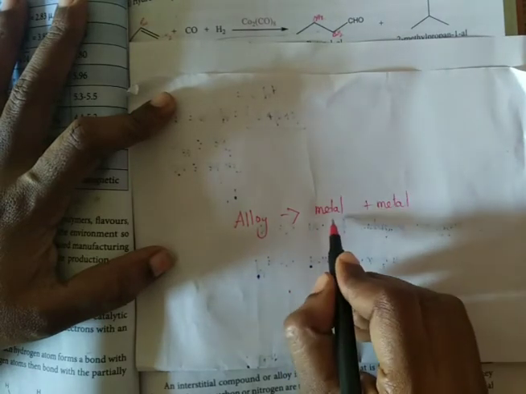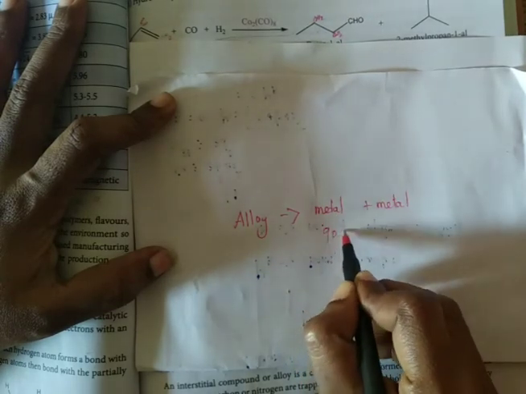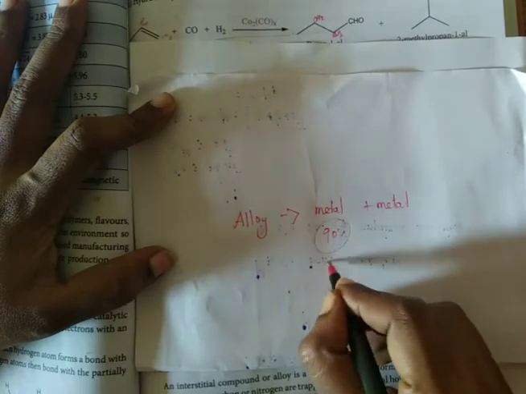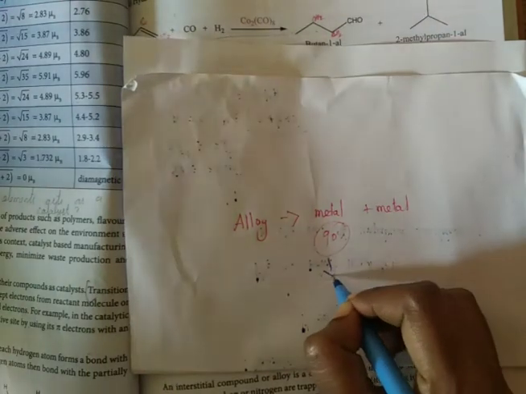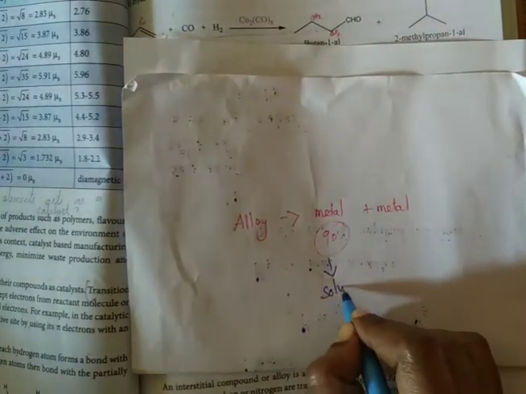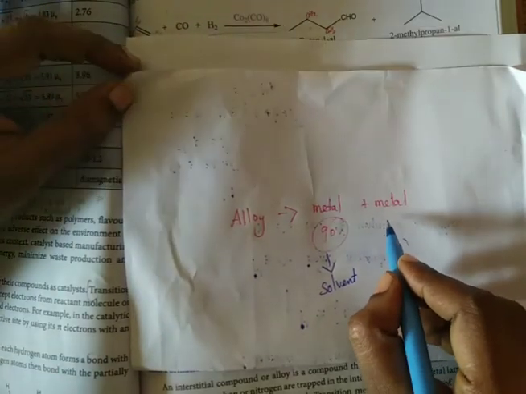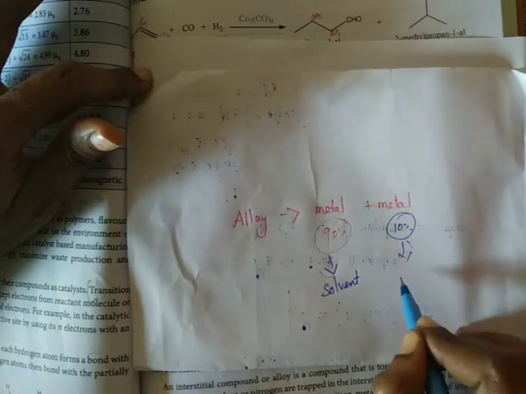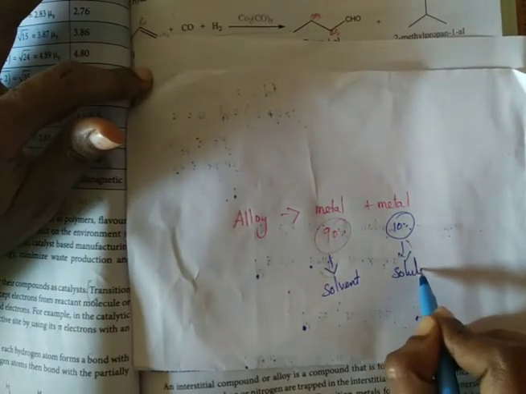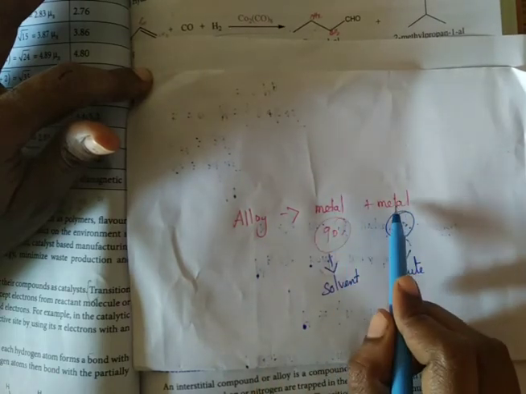In this mixture, the metal present in high amount is known as the solvent. The metal present in less amount is known as the solute. So an alloy is a mixture of 2 or more metals.